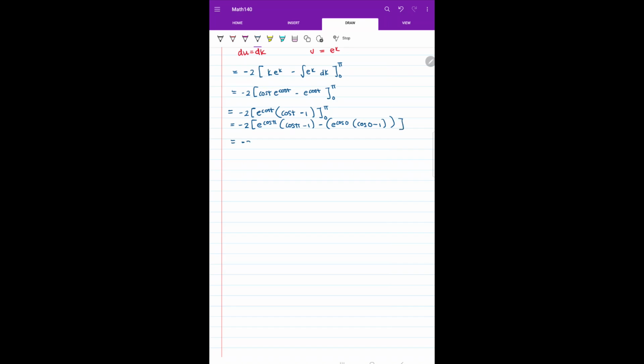Okay, cosine of pi. Just so that we don't get confused, this is just a personal preference, I always like to draw my cosine or my sine graphs on the side so that I can visualize the values.